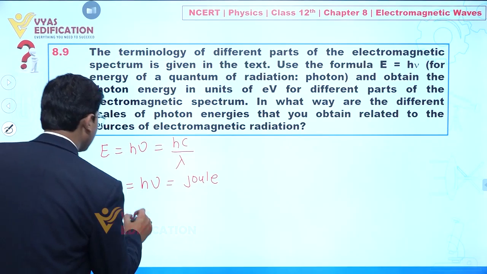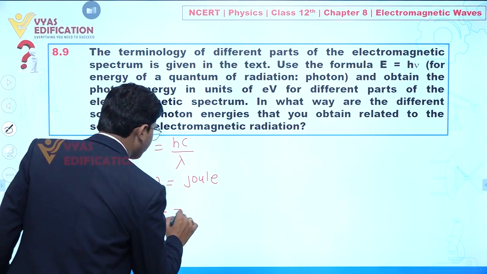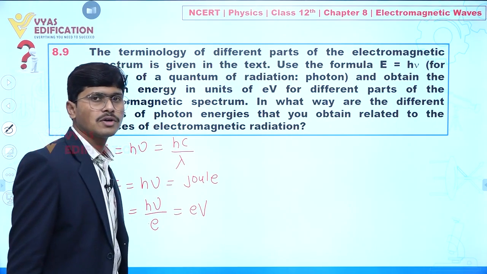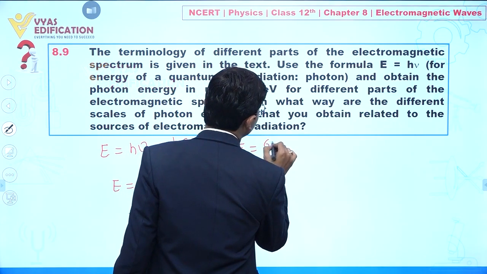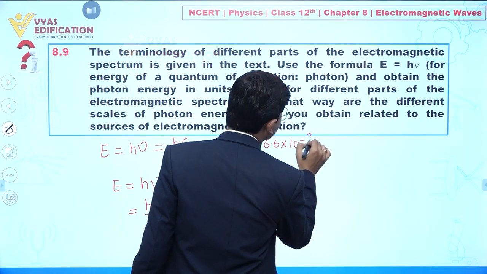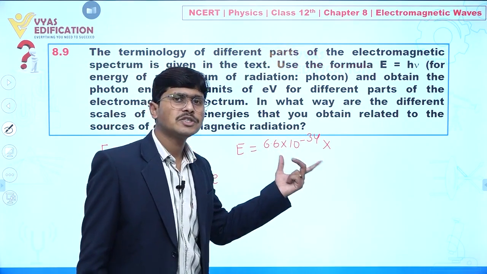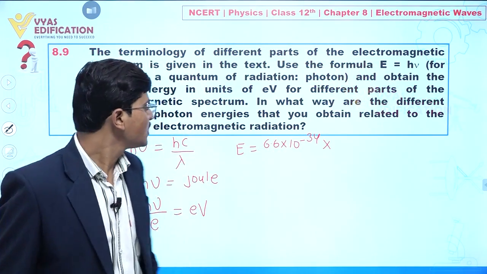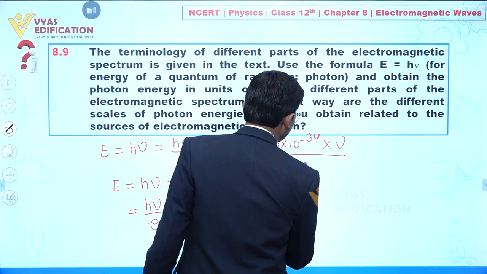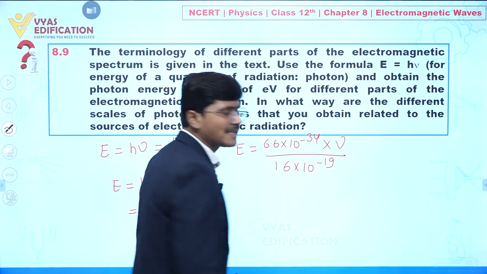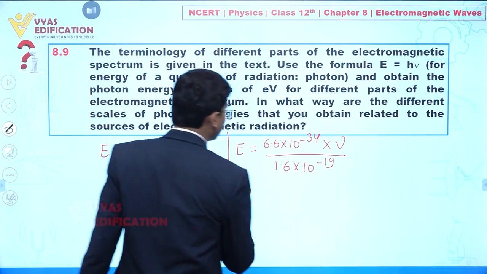For that you have to divide by the charge of an electron, and you will get the answer in electron volt. So E equal to 6.6 into 10 to the power minus 34, this is the Planck constant, multiplied by frequency, divided by the charge of an electron, 1.6 into 10 to the power minus 19 coulomb. So this is the value of E.